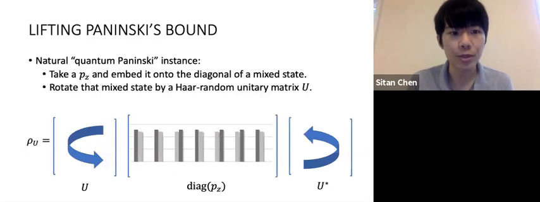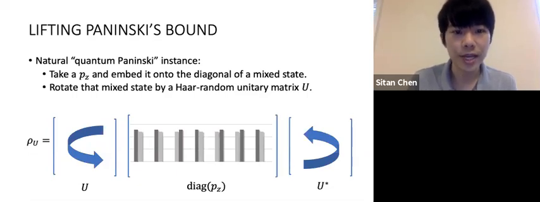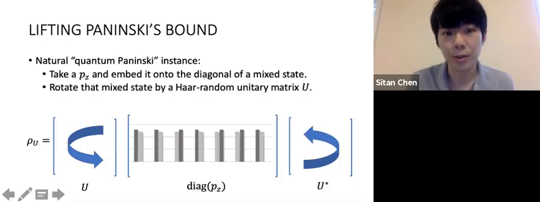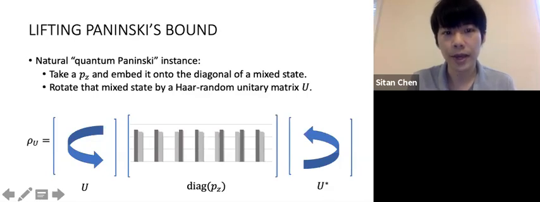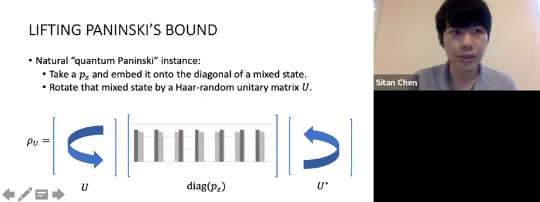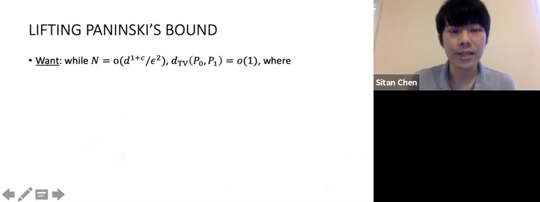Define rho sub U to be the diagonal matrix with entries given by P sub z for some arbitrary z, and then you conjugate it by some U chosen from the unitary group, which is Haar random.